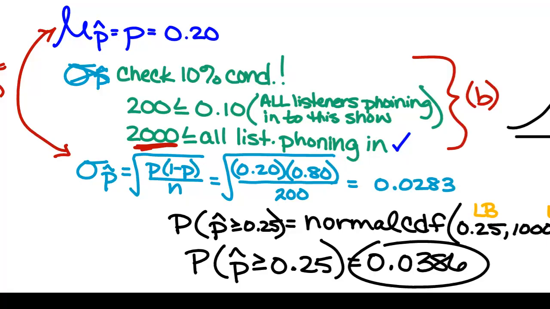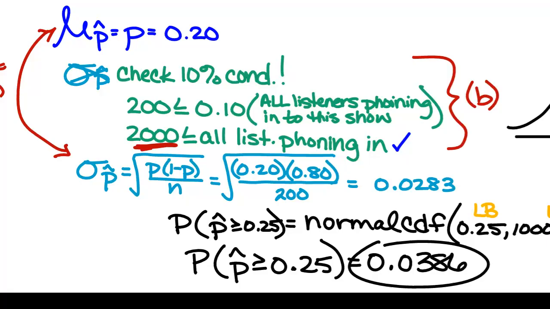What is that as a percentage? 3.8%. Where's our cutoff for things being suspicious? 5%. If it falls into that realm of suspicious, we're saying this probably didn't happen by chance. This wasn't just random luck. This happened because something else was pushing it.